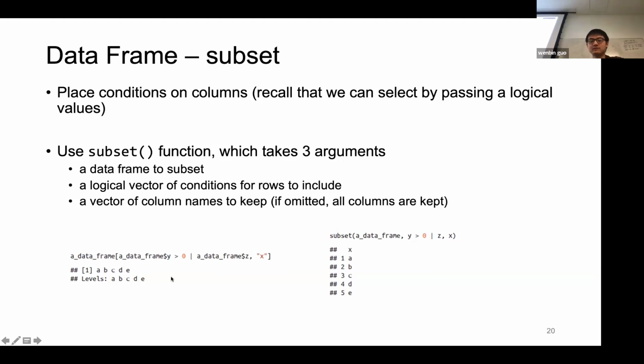Here you don't need to extract the values specifically; you simply use the variable's name greater than some value or z. You don't need those $ signs to extract the values. The third argument is a vector of column names to keep. Right now we only have one column, so we just put the name here. If you don't specify the third argument, it will by default select all the columns for you.